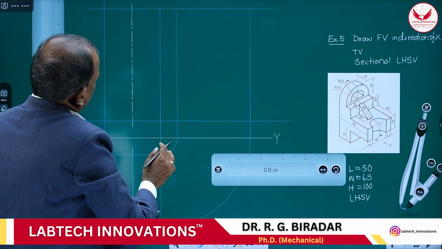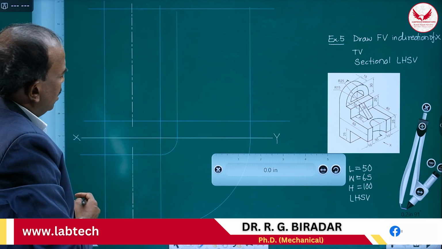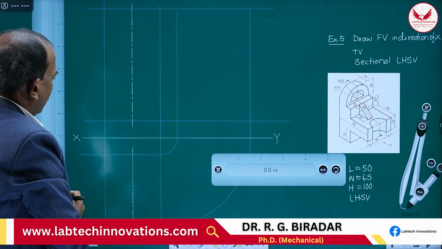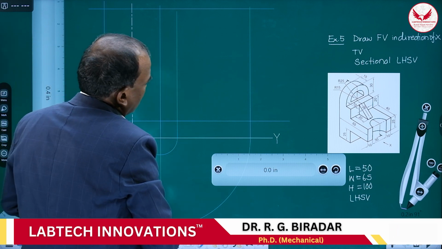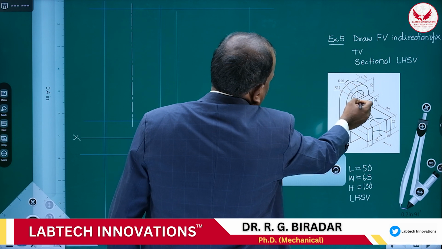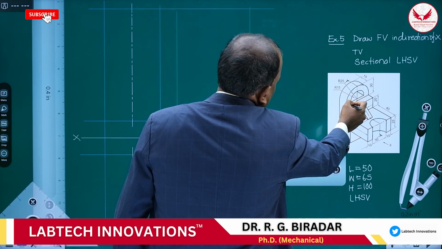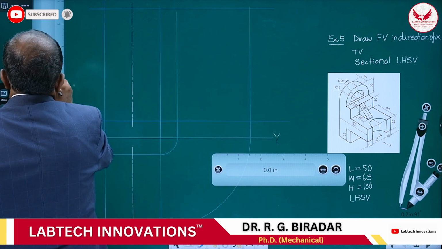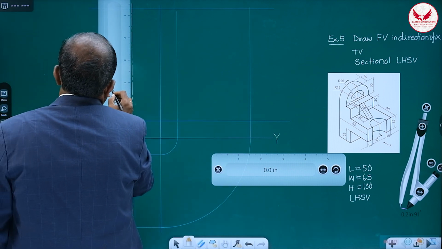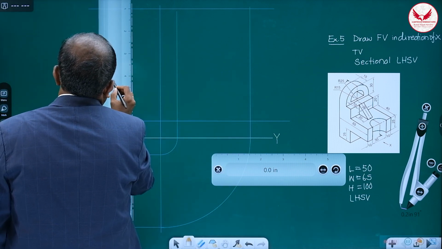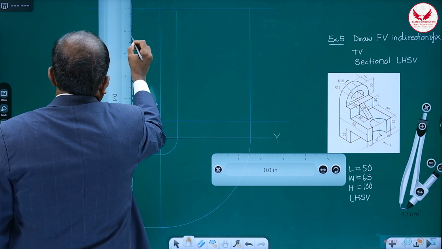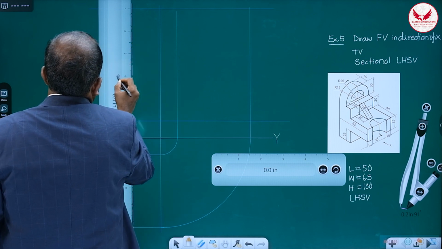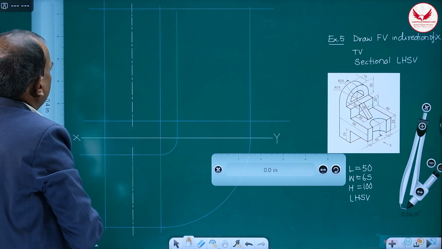And in the front view also you can mark the center. How can we mark that center? It's at a distance of 25, where the circle as well as the semicircle is there. Then at a distance of 25 from the top, I can mark this center.